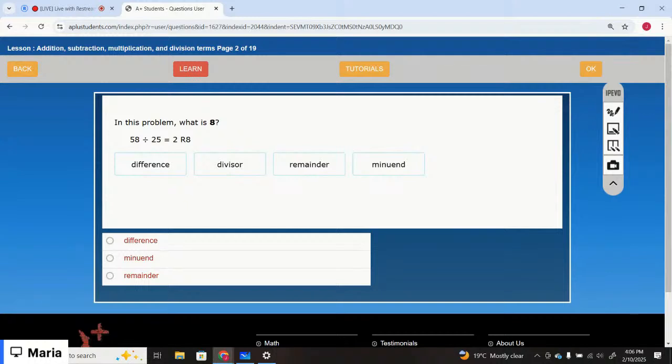In this problem, what is 8? 58 divided by 25 equals 2 R8. 8 is the remainder. The correct option is remainder.